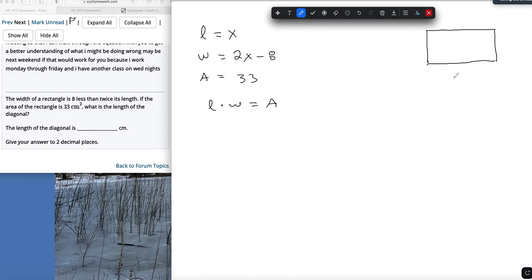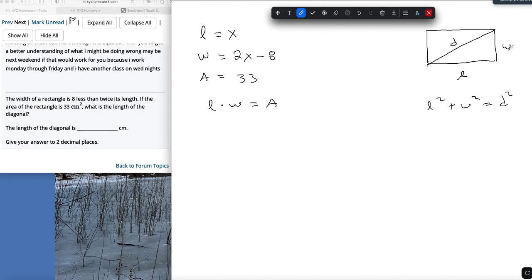If I have a length and a width, and I need to find the diagonal, that's the Pythagorean theorem, right? Because these two are like the A and the B, and the diagonal would be the C. So length squared plus width squared is going to equal the diagonal squared, or I could root both sides to get D by itself, but I'll do that at the end.